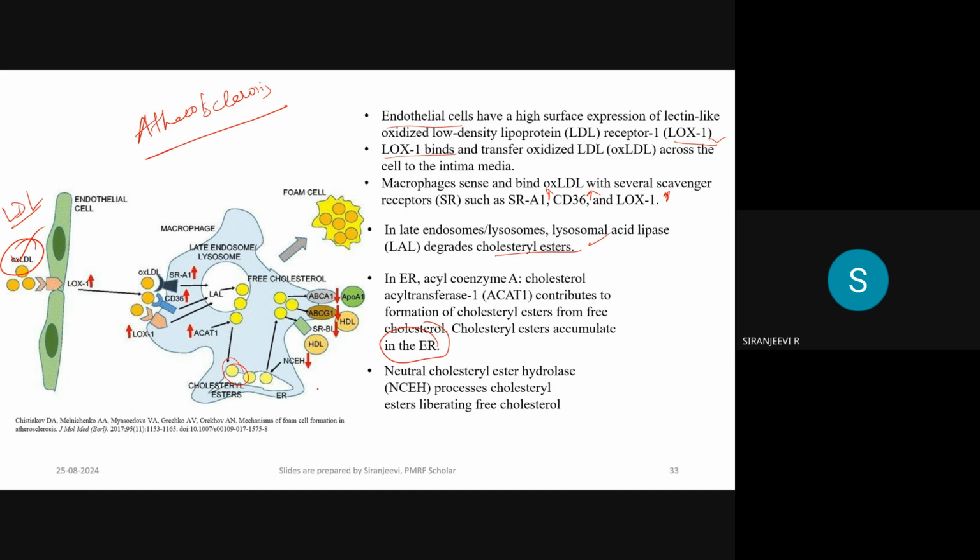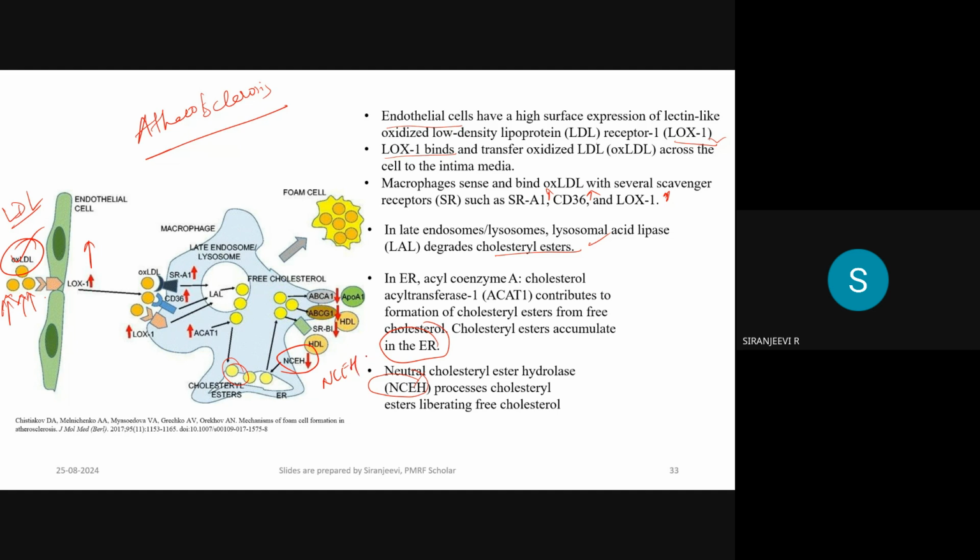In the normal cases, these neutral cholesterol esters are hydrolyzed by the NCEH enzyme, and it liberates the free cholesterol. But in this kind of oxidative stress condition, especially in the macrophage, more oxidized LDL leads to the LOX1 upregulation and then the reduced levels of NCEH.